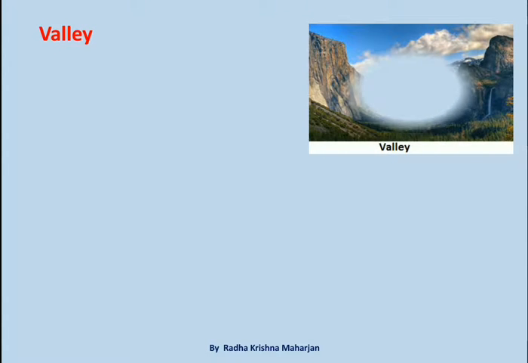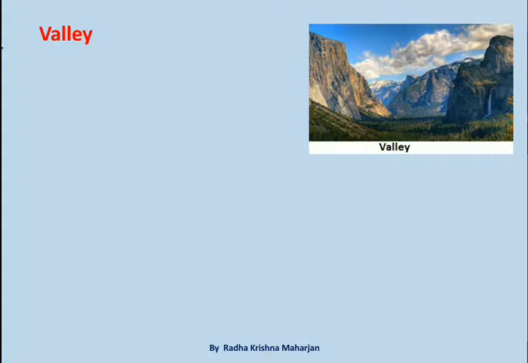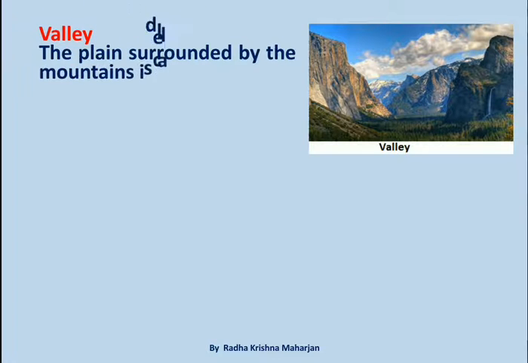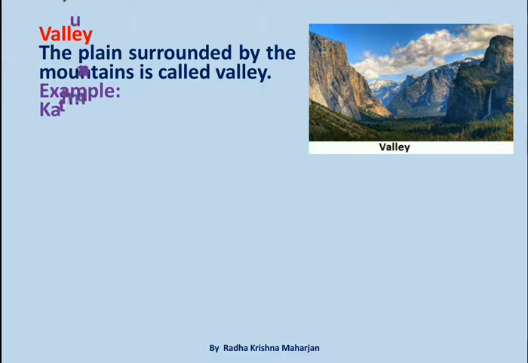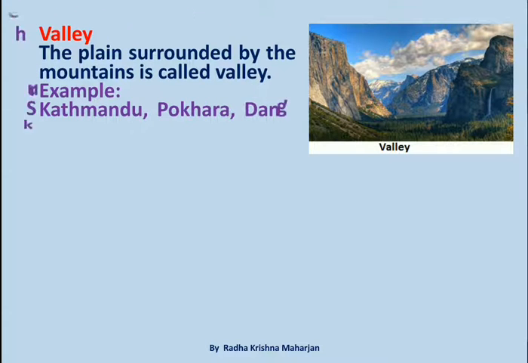Valley. The plain surrounded by the mountains is called valley. Example, Kathmandu, Pokhara, Dang, Surkhet, Arun.